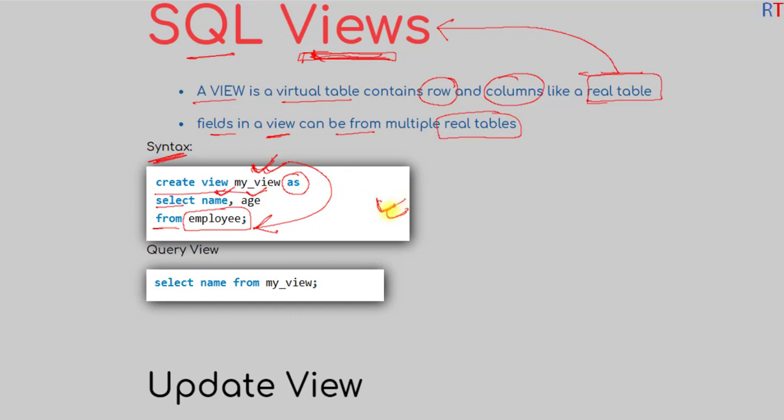After we have created the view, we can write queries and fetch the records just like from any other real table. So we can write the query SELECT name FROM my_view, and this query will return the field name from the view called my_view.